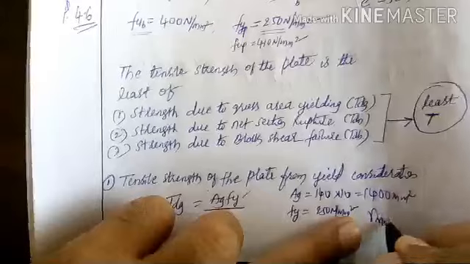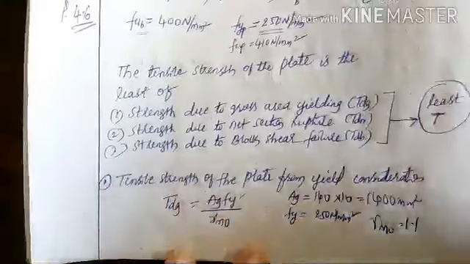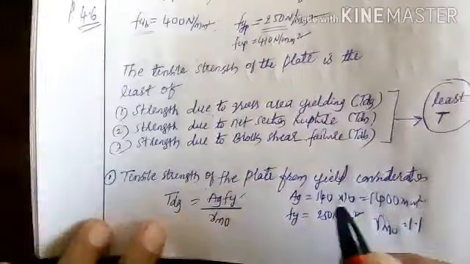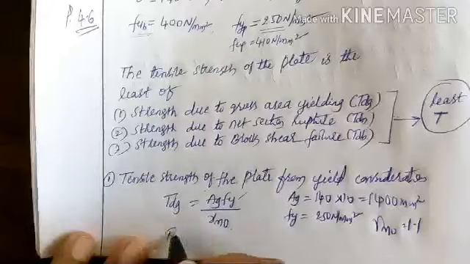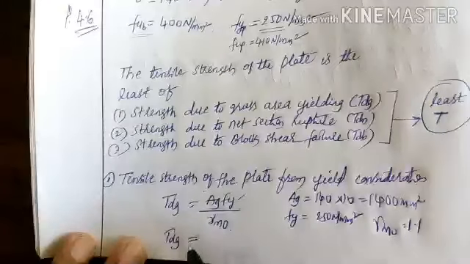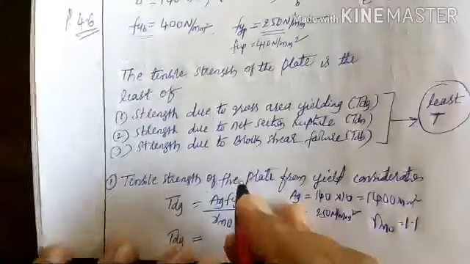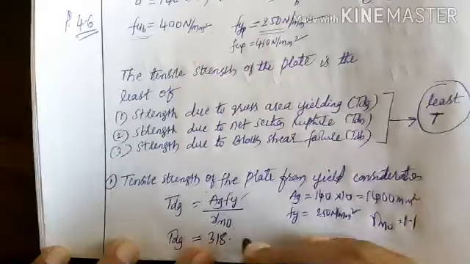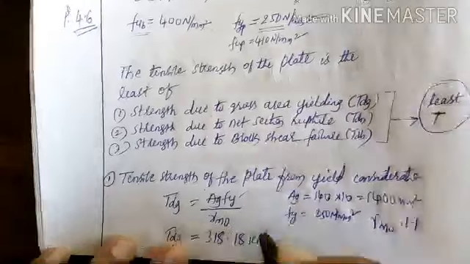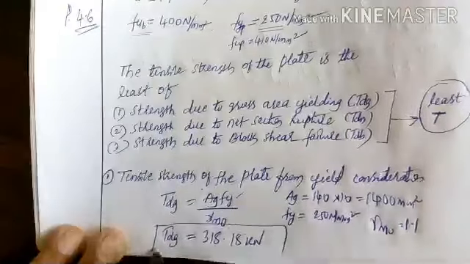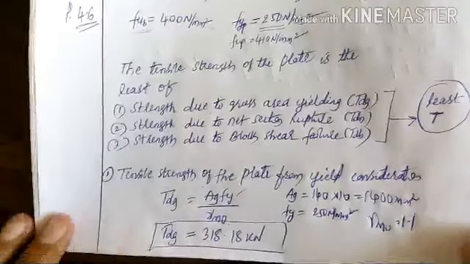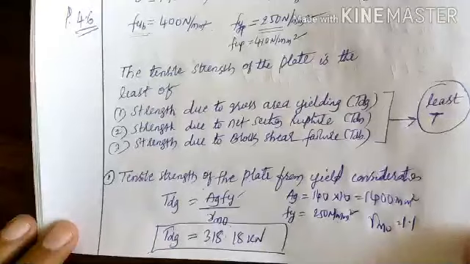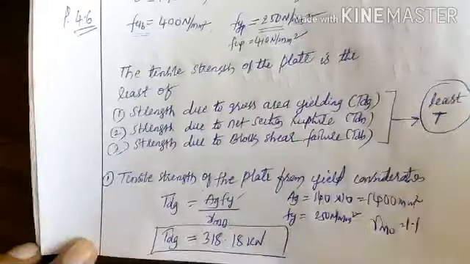Then gamma M0 is 1.1. So when you substitute all this, you will be getting TDG as 318.18 kilonewton.